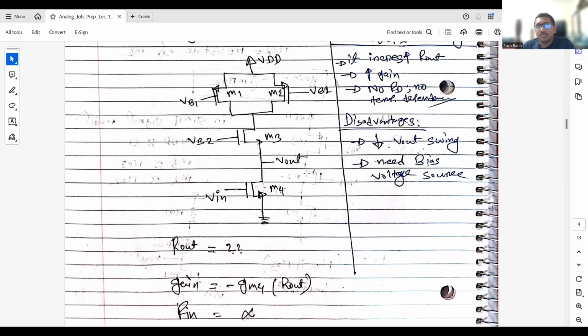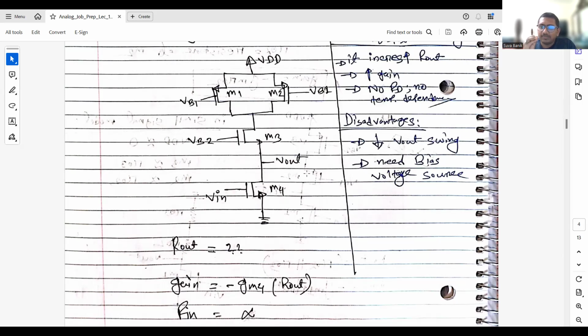The intrinsic gain is what we get whenever we replace this RD with an active current source. At this point, we get the maximum gain from this common source amplifier. Obviously there is a limitation of W by L. The gain is minus GM RD, where RD means the drain resistance.